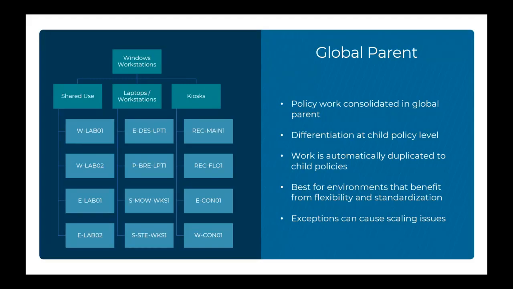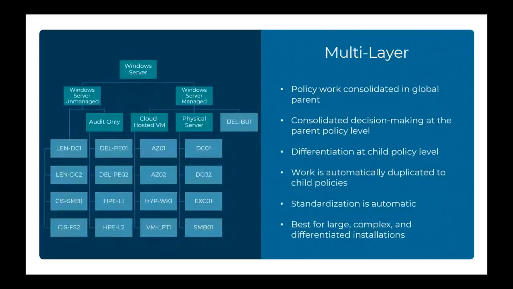The one potential problem here is that exceptions or overrides at the policy level can cause scaling issues at really large and complex organizations. In general, we don't see those scaling issues, but they can happen. And that leads us to the next version here, the multi-layer version.